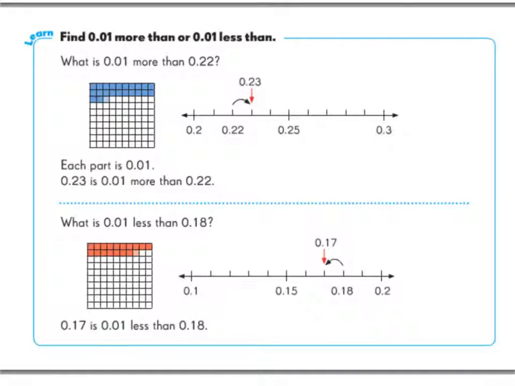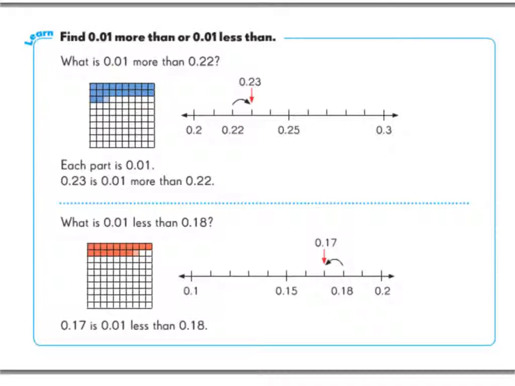We can also do the same thing with hundredths. So in this model, we have 22 hundredths. This line is 10 more, so we have 10, 22 hundredths. What is 1/100th more than 22 hundredths?